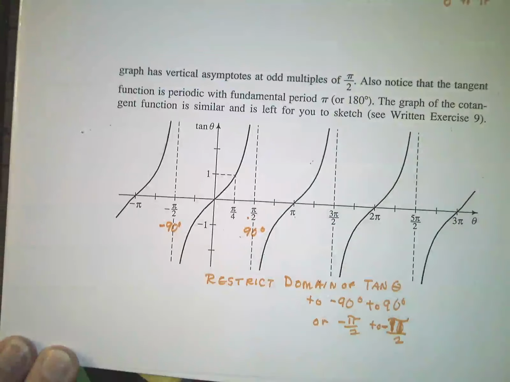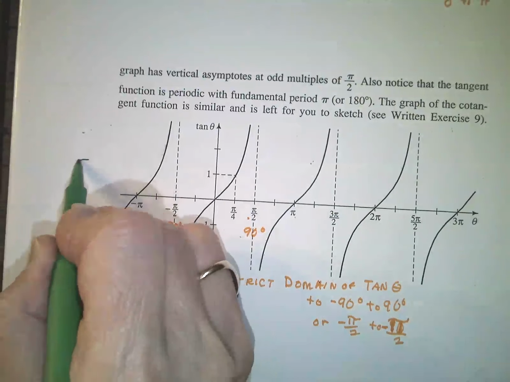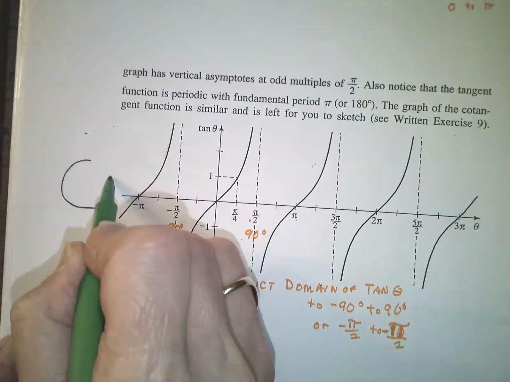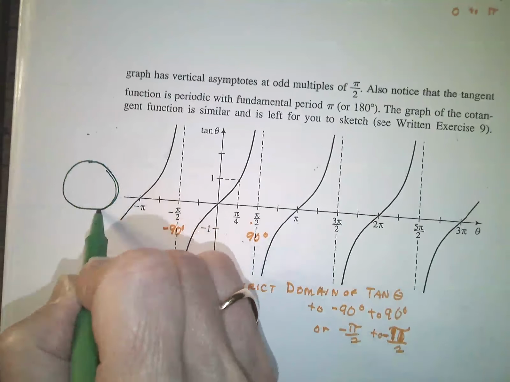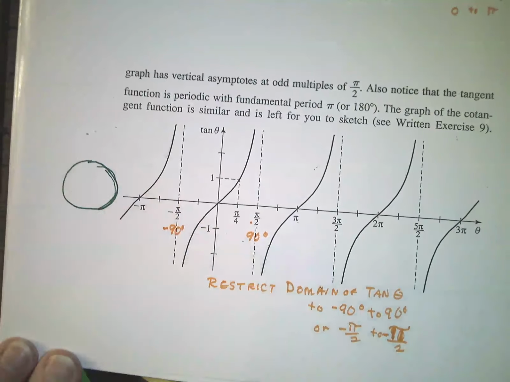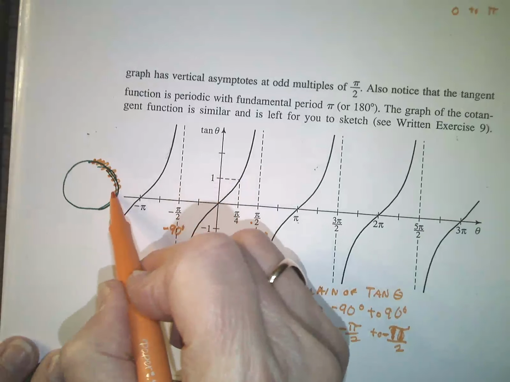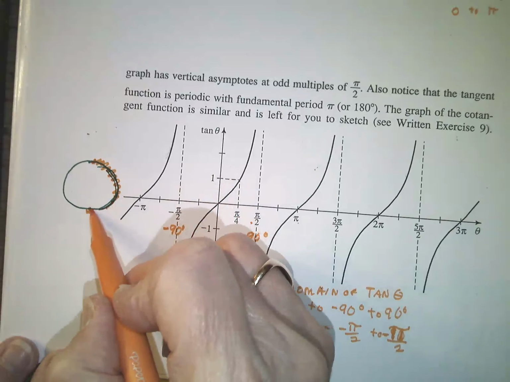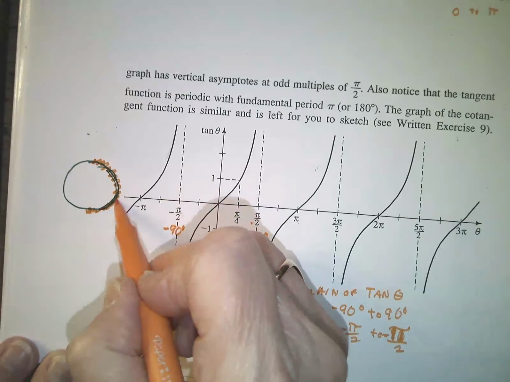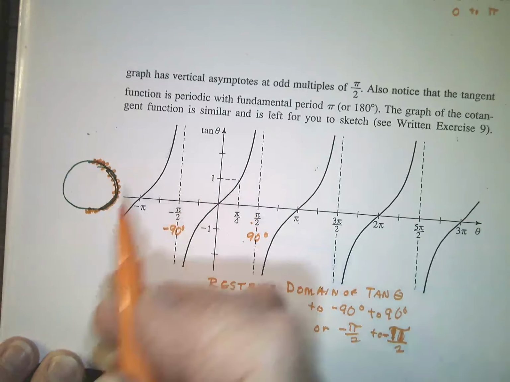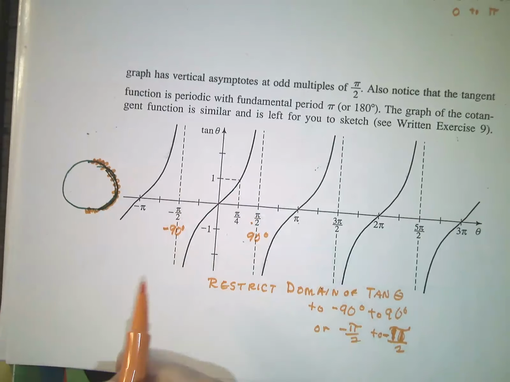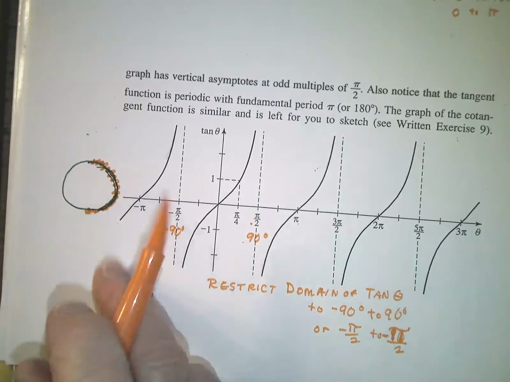The original function had to be restricted. Same values, which means no matter what tangent value we put in the circle, we are only going to get an answer from negative pi over 2 to positive pi over 2, or from negative 90 degrees to positive 90 degrees.